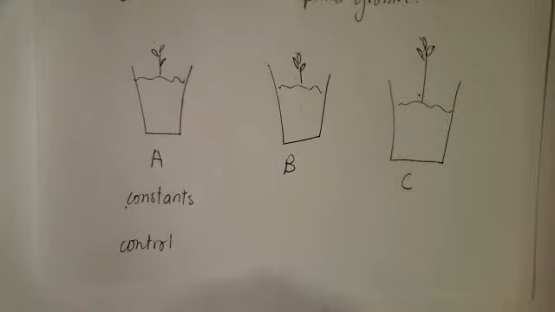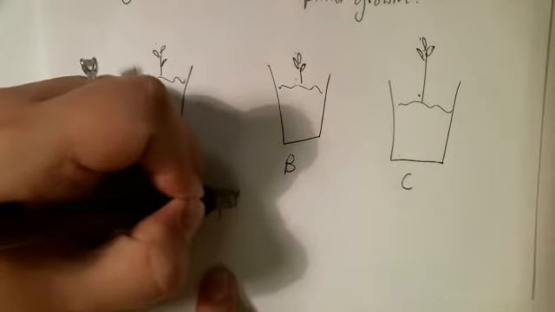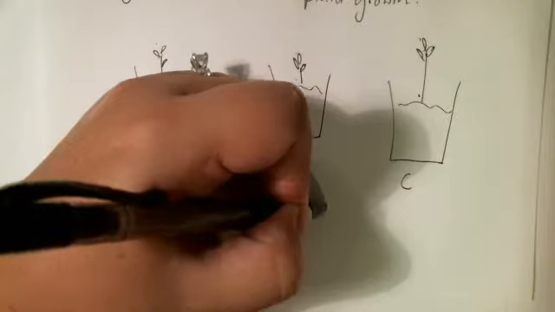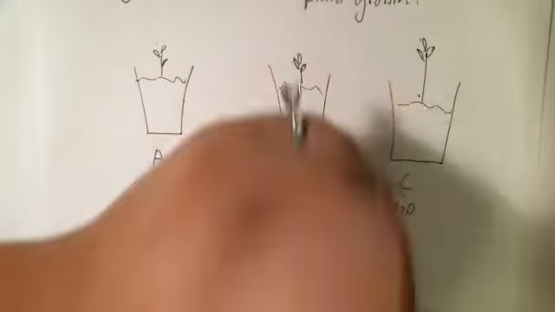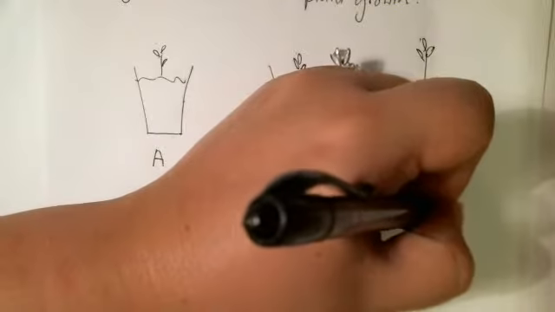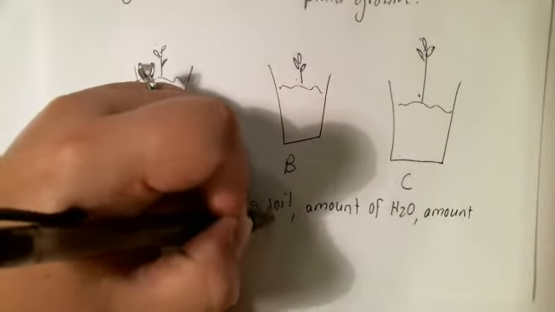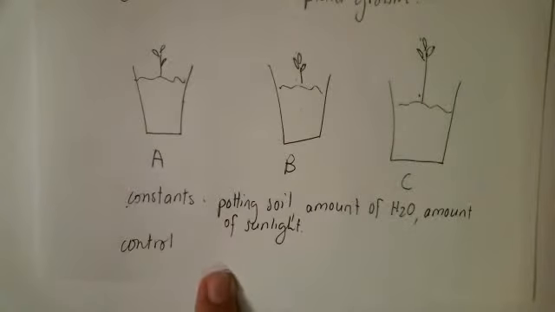So everything that's held the same or held constant would be your constants. So we said the potting soil, for example, amount of water, or H2O, amount of sunlight, all those factors would have to remain constant.